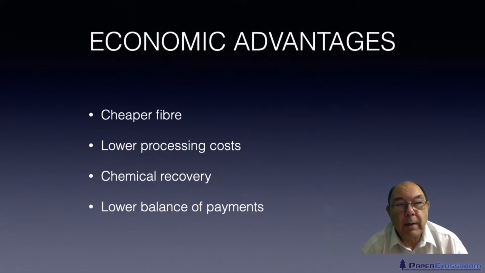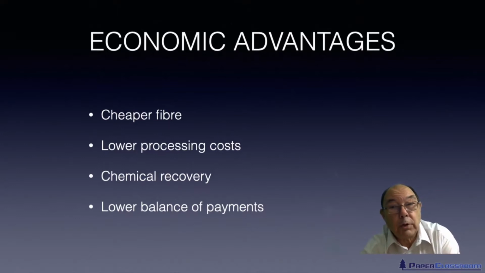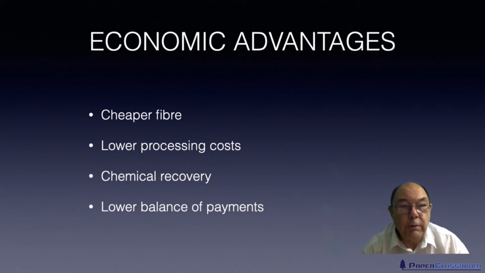Using recycled fibre has advantages. It has economic advantages and it has social and environmental advantages. I'll mention these here, but I'll also mention them in later videos. It's a cheaper fibre. Buying a reused or an old newsprint or an old cardboard box is a lot cheaper than buying the virgin fibres to make that product.